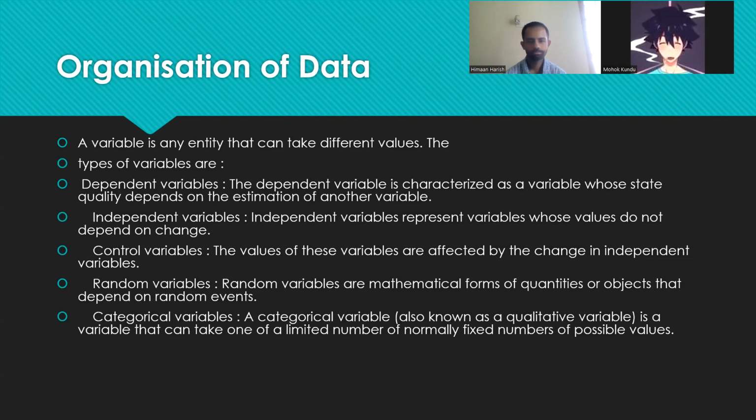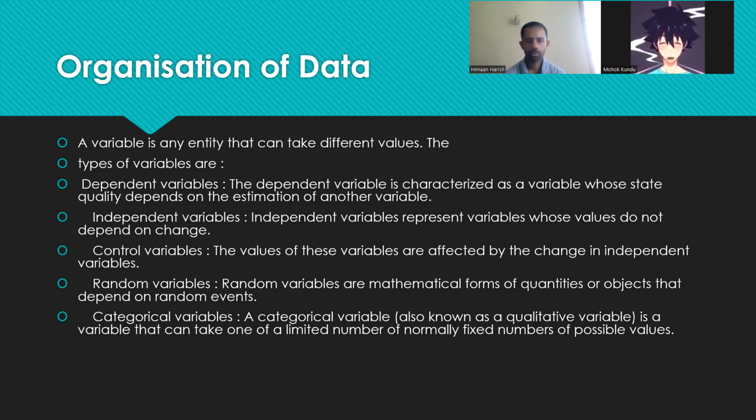Control variables: the values of these variables are affected by the change in independent variables. Random variables are mathematical forms of quantities or objects that depend on random events. Categorical variables, also known as qualitative variables, can take one of a limited, normally fixed number of possible values.